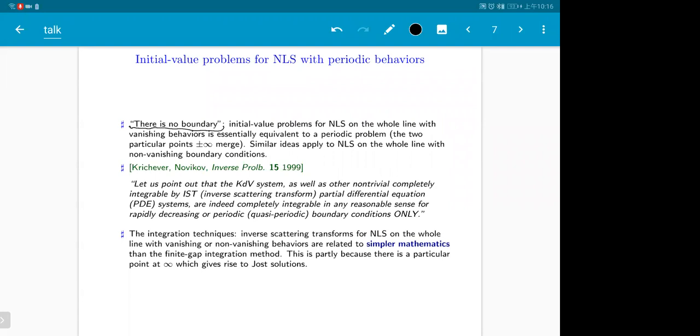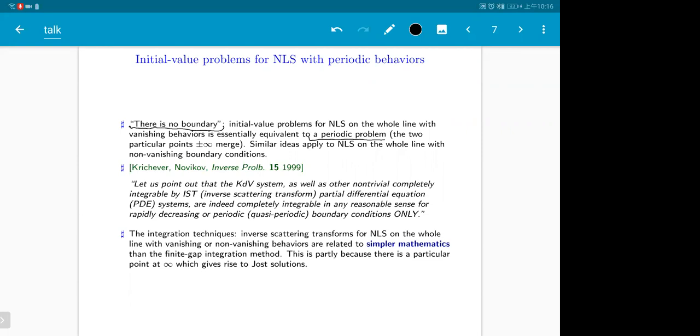So the initial value problem for the NLS on the whole line is essentially equivalent to the periodic problem. The equivalence is what we showed by extending the fundamental domain of the periodic problem to infinity. For this whole line problem, the plus and minus infinity actually merge. So then you have the periodic picture of the full line problem.